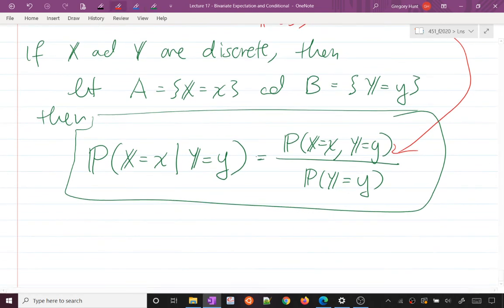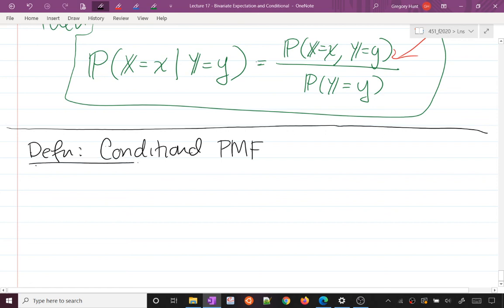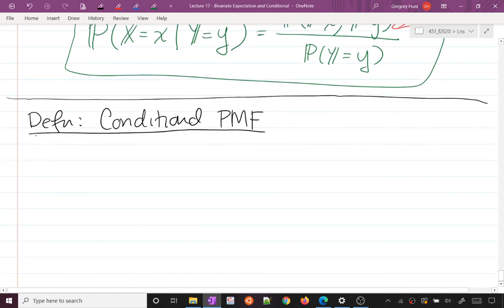And this leads us to the definition of what we're going to call a conditional Pmf. Pretty directly from that, we can define what the conditional Pmf is.